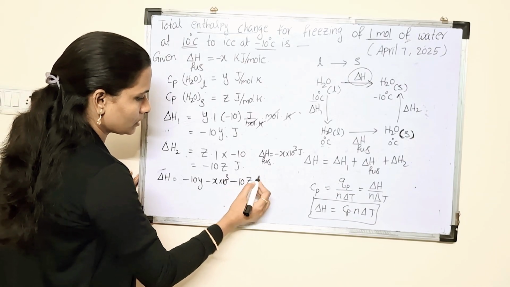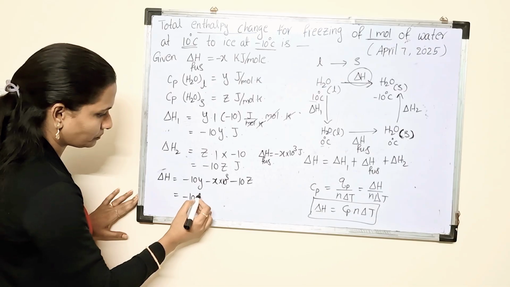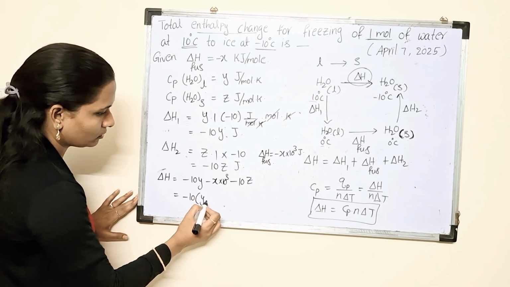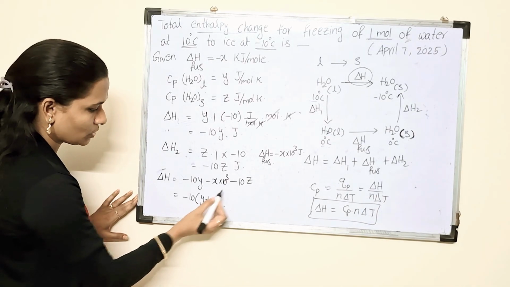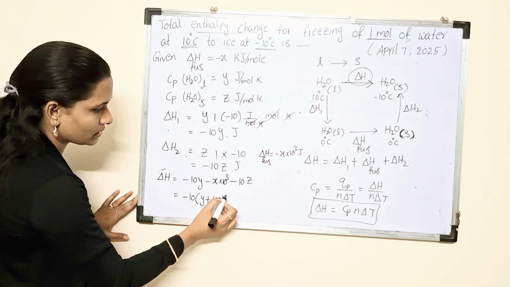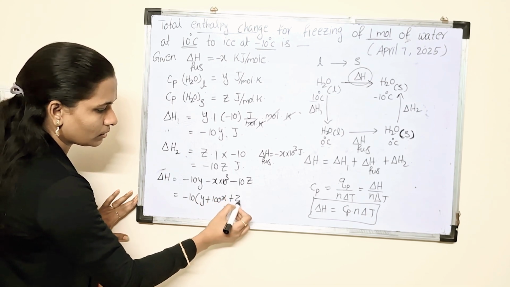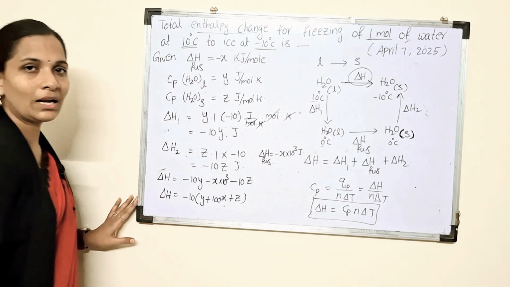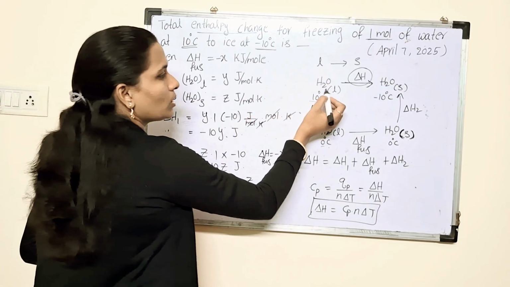So now take the common, minus 10 common. Here y, then plus, 10 cube means 1000, so taking 10 common, here 100 into x, then here z only. So this is the total enthalpy change.